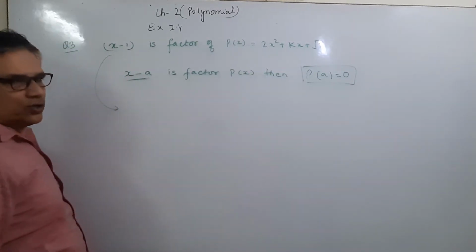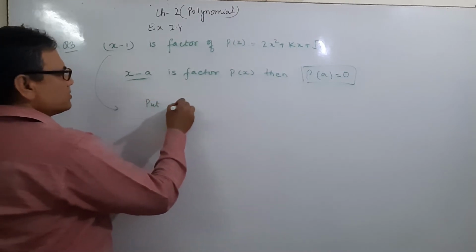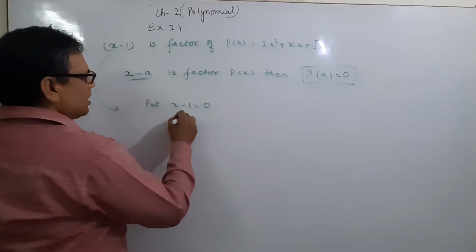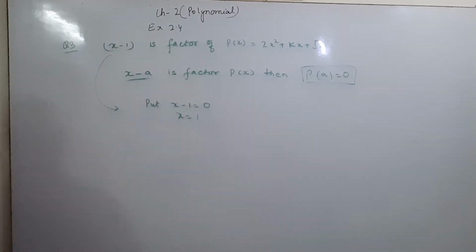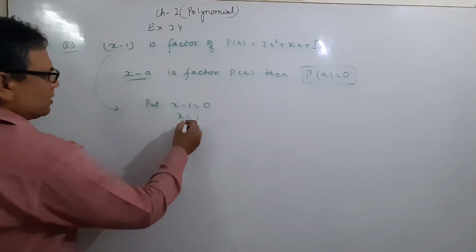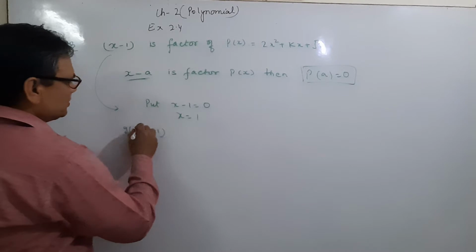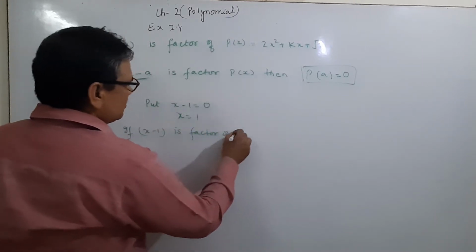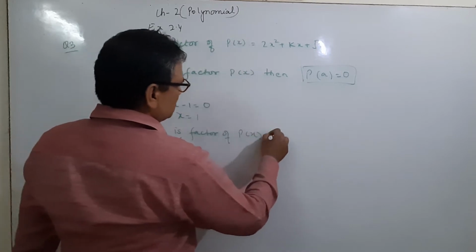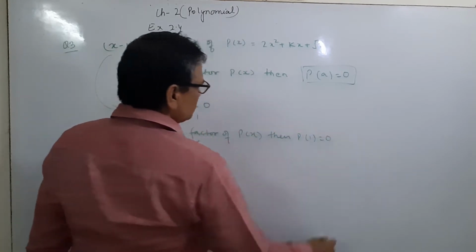p(1) equals 0. And how will we obtain p(1)? Put x minus 1 equal to 0, so x equals 1. If x minus 1 is a factor of p(x), then the answer is p(1) equal to 0.